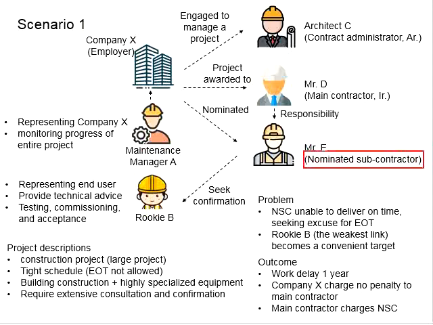There is a nominated subcontractor, Mr. E, who is actually nominated by company X. However, this nominated subcontractor is under the responsibility of the main contractor, as the NSC here is contributing parts to the project.